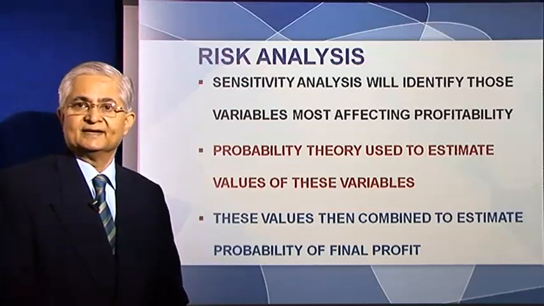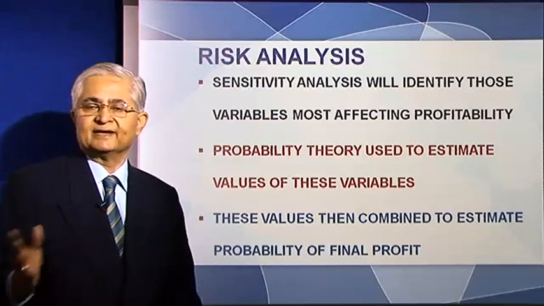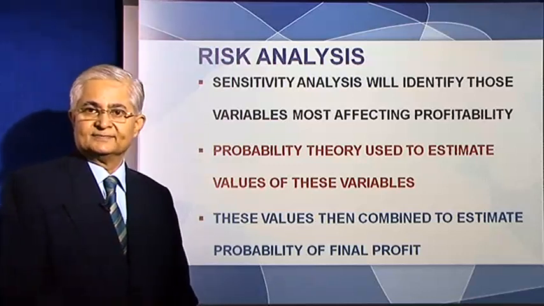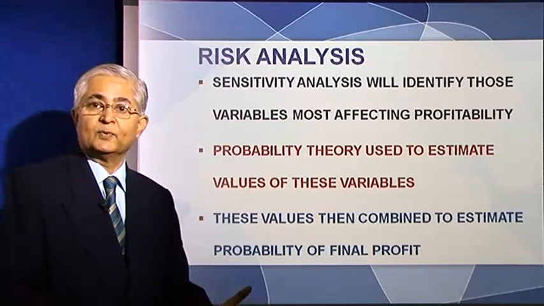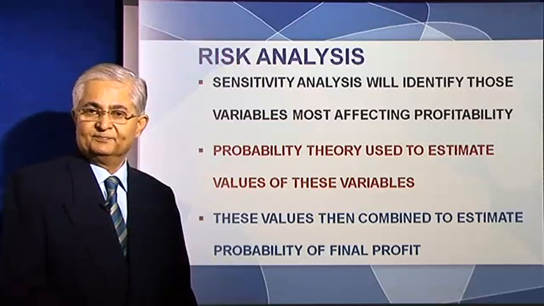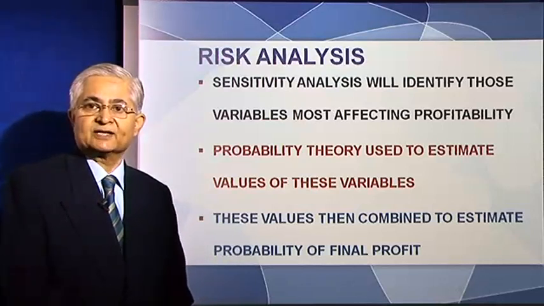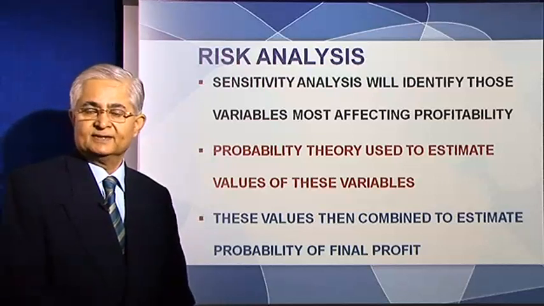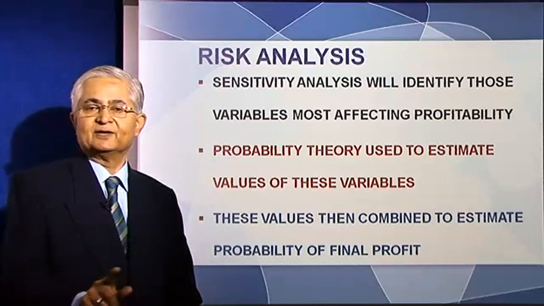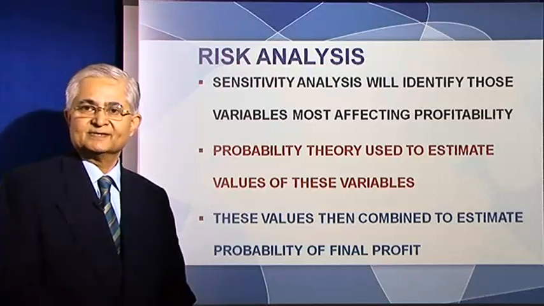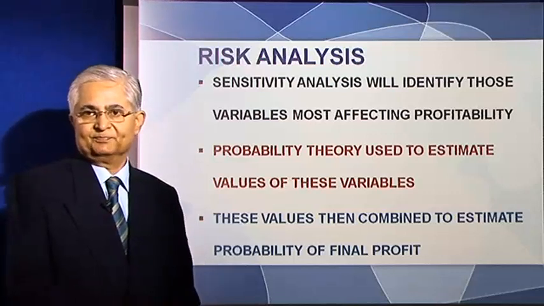There is a 10% chance that the price will be 590. There is a 20% chance that the price will be 520. Okay? Now we don't know which of these values will actually happen, but we know the probability of each of these values taking place. This is the probability profile for the second variable.